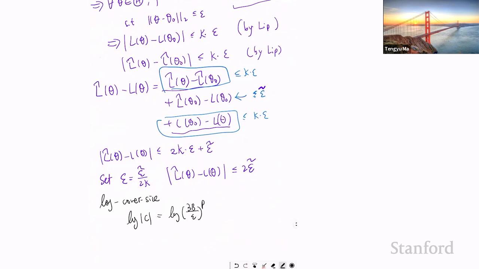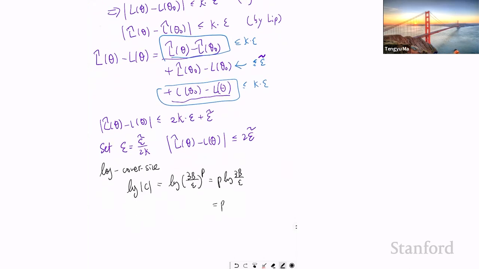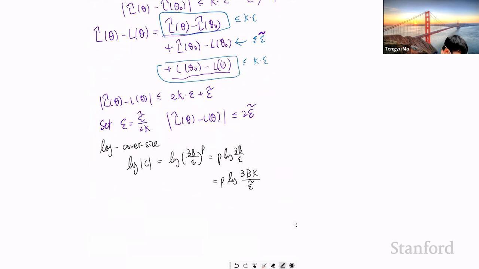And I have already set epsilon to be epsilon tilde over 2 kappa, so I need to plug in that. So we get p log of 3b kappa over epsilon tilde. You can see that kappa is inside the log, so it's somewhat not sensitive to the choice of kappa. And epsilon tilde is also in the log, which is also nice.